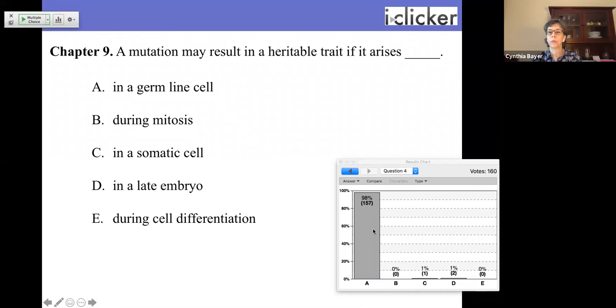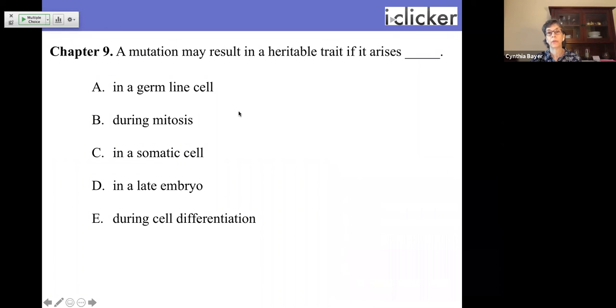Right, so that mutation has to be able to be passed on to the next generation, right? And those germline cells, yes, they have to undergo mitosis first, and then those will be induced to undergo meiosis to generate the gametes that can carry that mutation to the next generation. Right? Mutation in the somatic cell is not going to be passed on to the next generation.